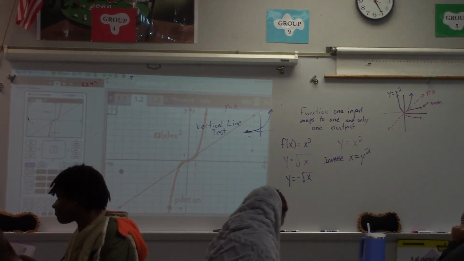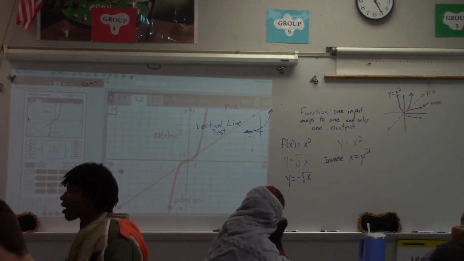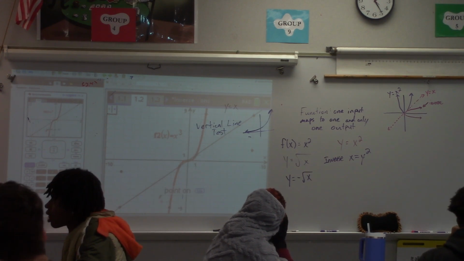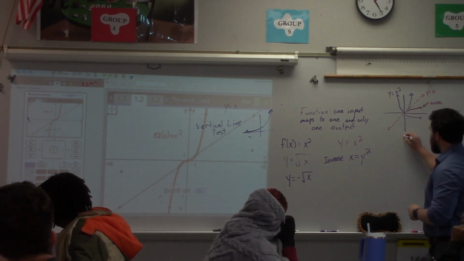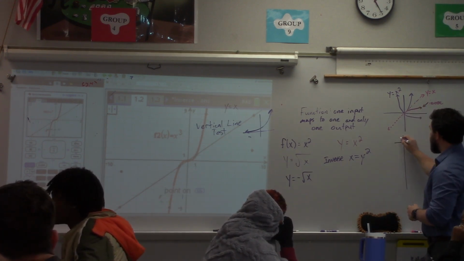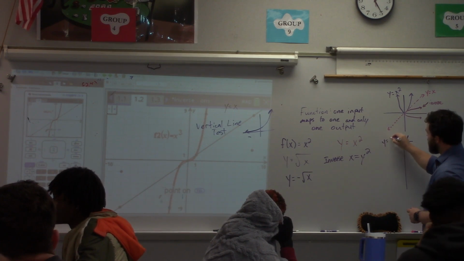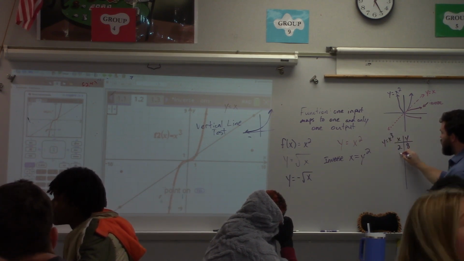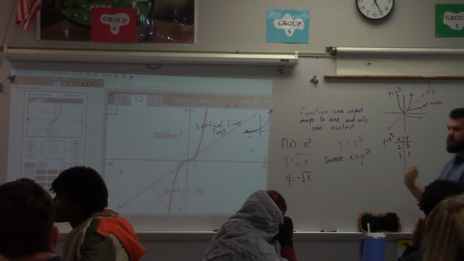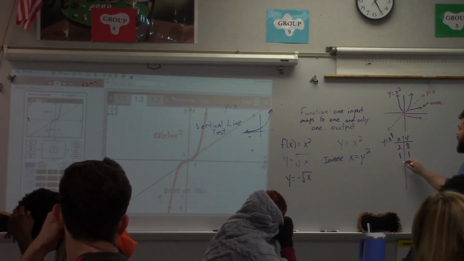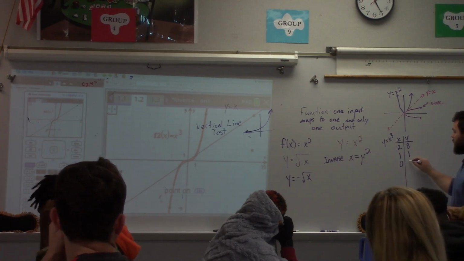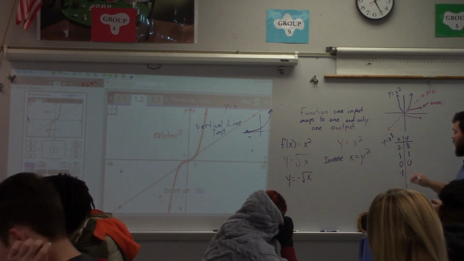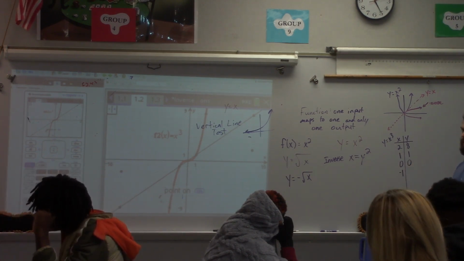All right, so Zakiah, to show you that it doesn't matter which point, what I did really quickly is if I think about y equals x cubed, 2 cubed is 8. 1 cubed is 1, right? 2 times 2 times 2, 1 times 1 times 1. What's 0 times 0 times 0? Negative 1 times negative 1 times negative 1.